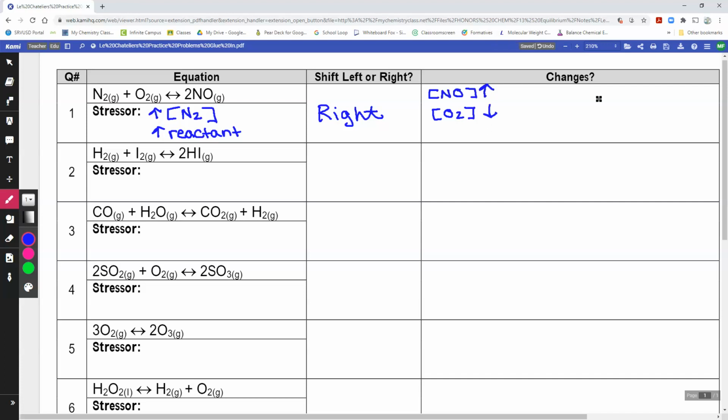Now for the stressor one, the one that's a little bit more tricky. If you remember from our lecture, I showed you a little graphic that helped us walk through this. So before we start, we're at this level. I added nitrogen, so I went way up here. This is during the stress.